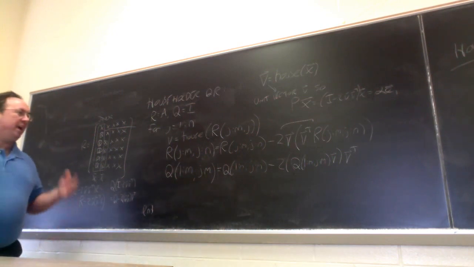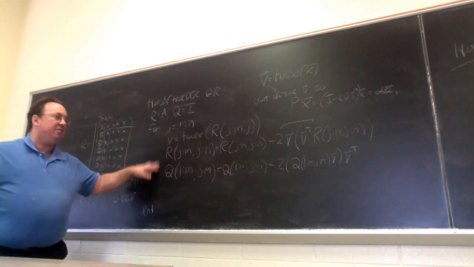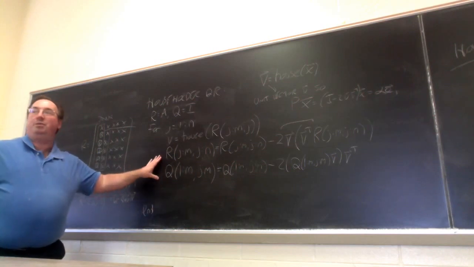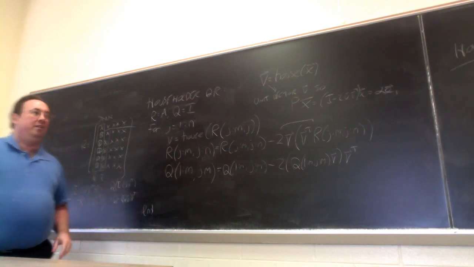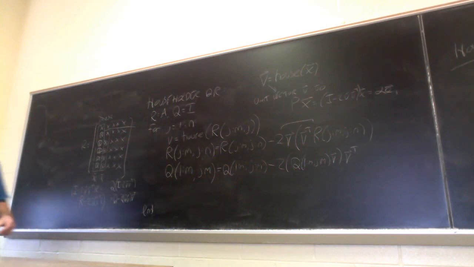Now, it still takes order n cubed operations because each of these matrix multiplications takes order n squared operations. So it doesn't have as many explicit nested loops as Givens does, but the overall amount of work is still about the same.